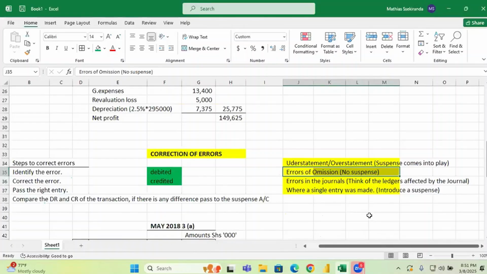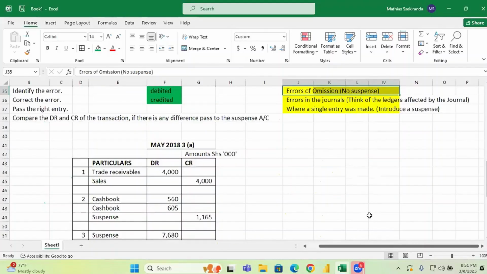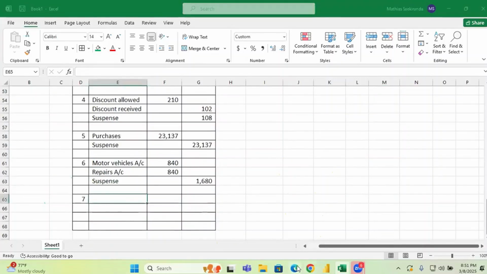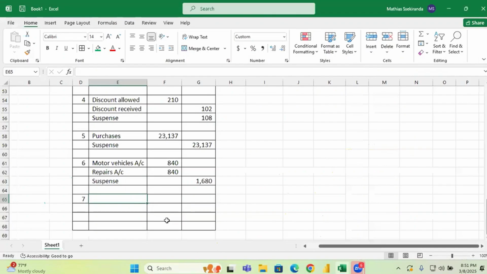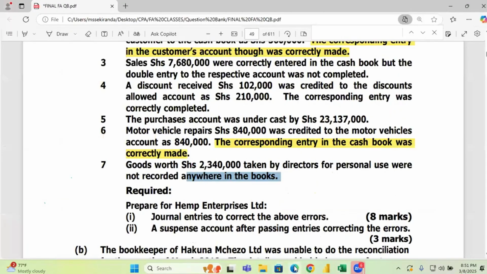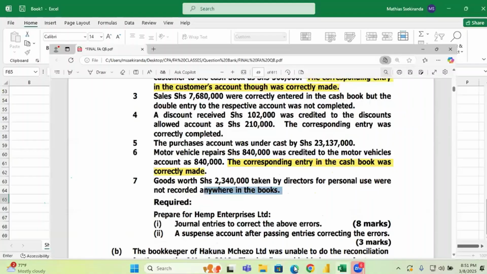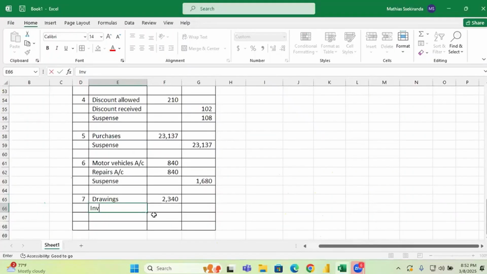Pass the entry the way you were supposed to pass it in the first place. So this is a drawing of goods, 2,340. So we debit drawings, okay? You debit drawings and credit inventory, because these are the goods that are being drawn. So our inventory will be reducing.